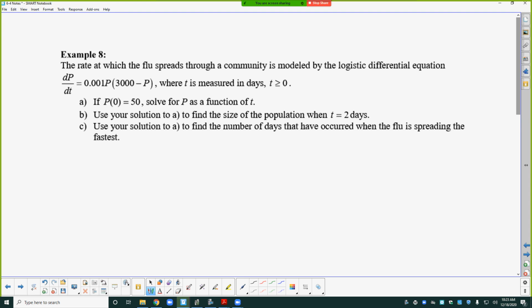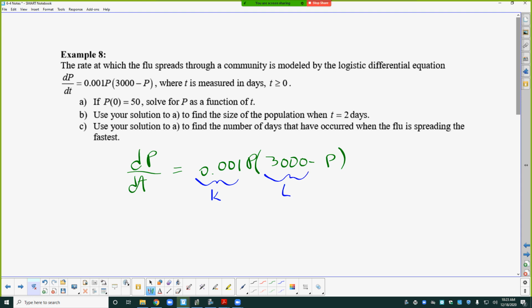So in the equation, dP/dt equals 0.001 P times the quantity 3000 minus P. There's my k value. There's my L value.